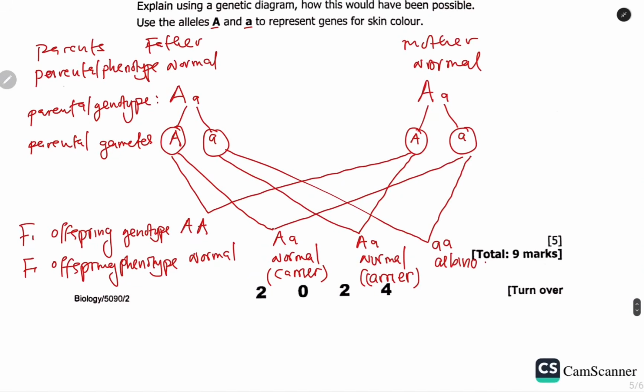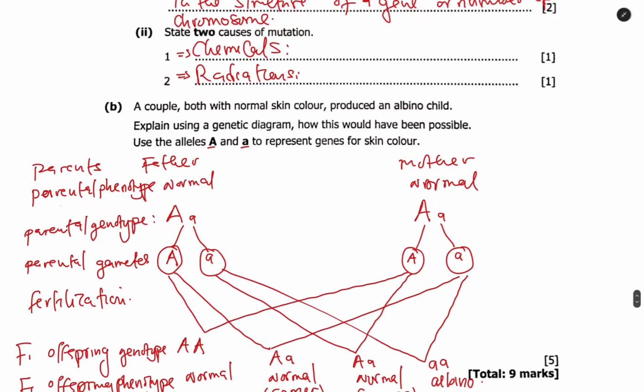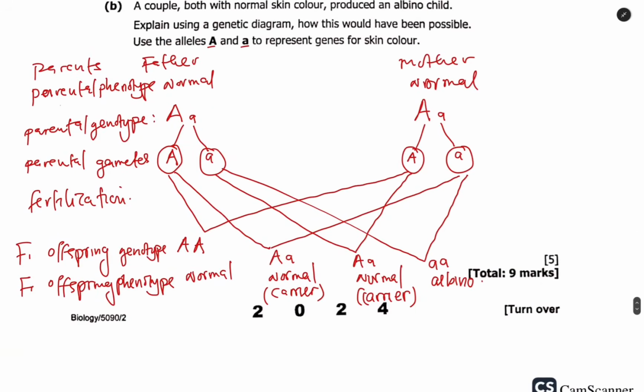Okay, so this is the genetic diagram. You can even put here fertilization or meiosis. I'm not saying you underline. So this is the genetic diagram, and this brings us to the end of section A questions.